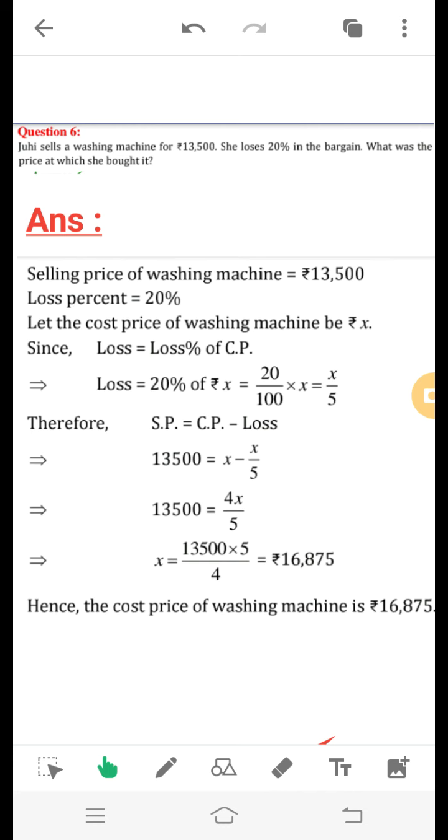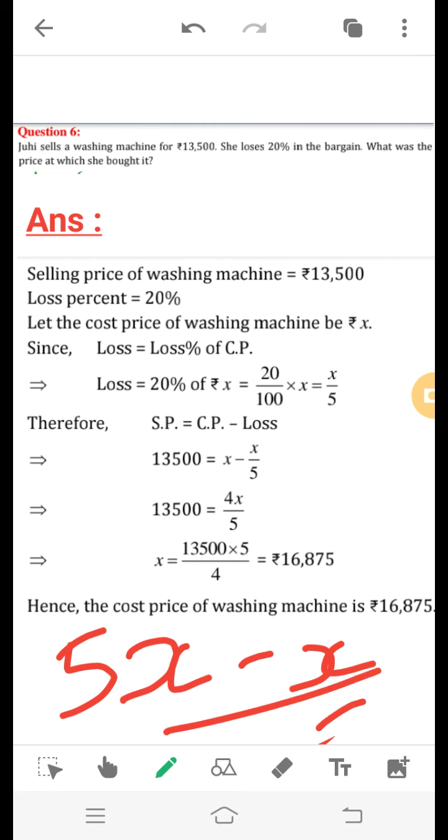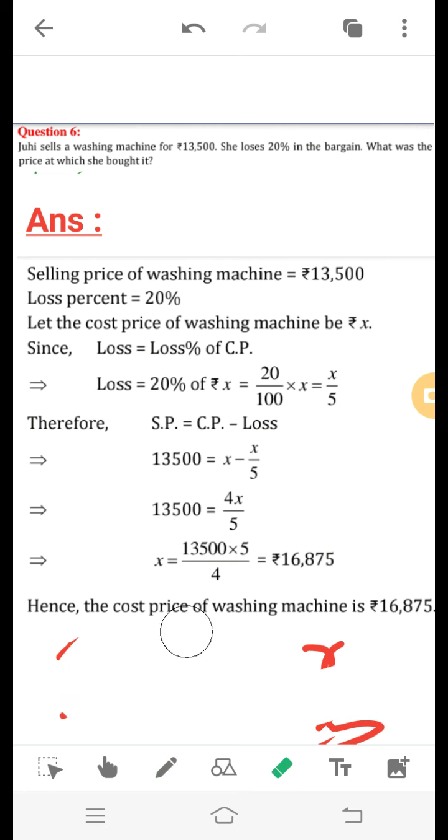We can write it as 5X, multiply this 5 with X. So 5X minus X divided by 5 becomes 4X divided by 5. Now change the side. So X is equal to 13,500 multiplied by 5 and then divided by 4.